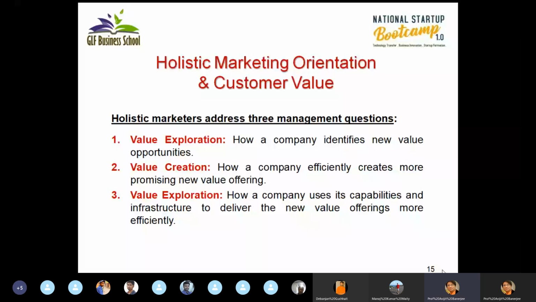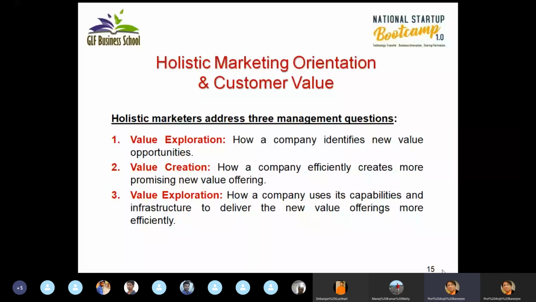The holistic marketers should address three key management questions. One is value exploration, how a company identifies a new value opportunity. Second is value creation, how a company efficiently creates more promising new value offerings.